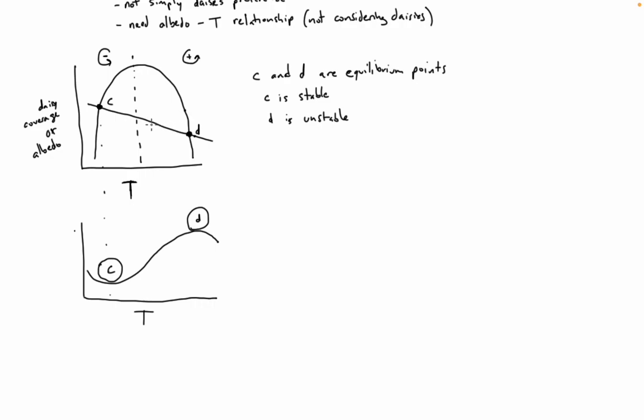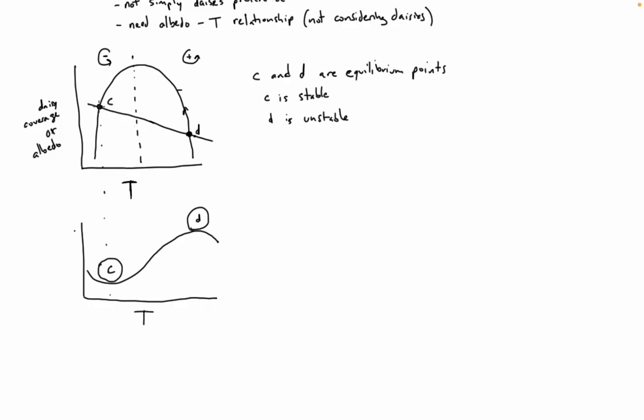It got colder, more daisies grew. That increases the albedo, right? Albedo goes up. It's going to get even colder. If we make it a little colder, it's going to head off this direction, and the marble's going to roll down the hill to get us to the other stable point.